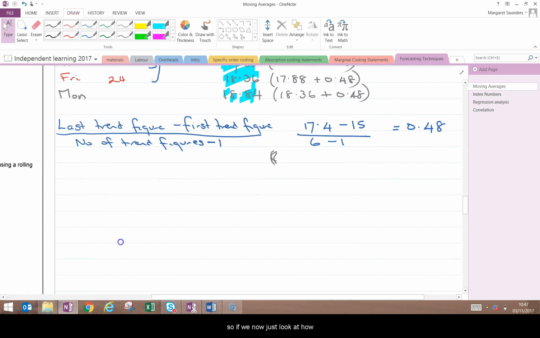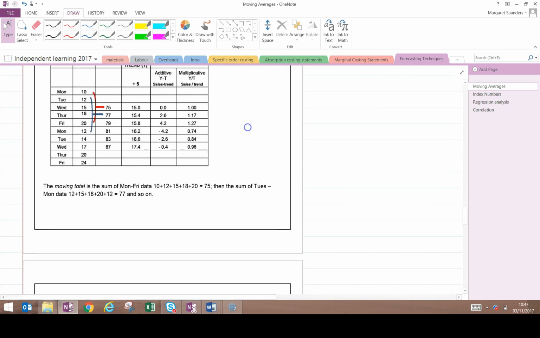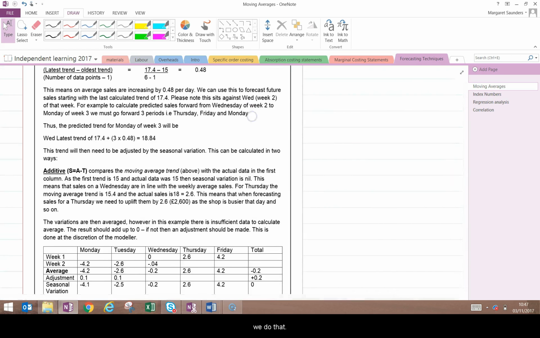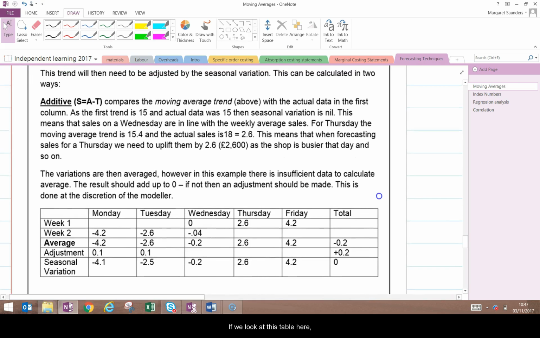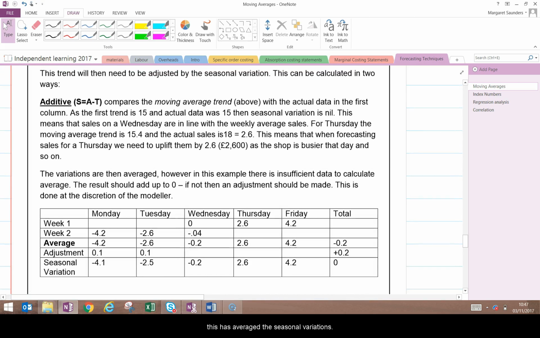So if we now just look at how we do that. If we look at this table here, this has averaged the seasonal variations. So we have a column for each time period and in total. So we've got a column for Monday, Tuesday, Wednesday, Thursday, Friday. We've written into this table our seasonal variations.